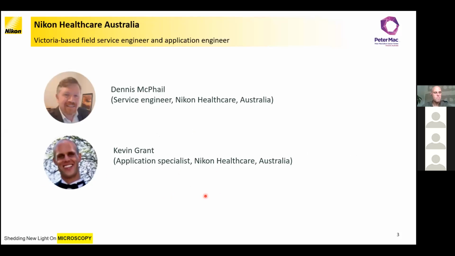So as Paul mentioned, both Dennis and I are on the call here. We thought it would be useful to say hello to you all because both of us are PhD level trained scientists. And although we work for Nikon Australia, we have a really strong general interest in science and the development of science in Victoria.